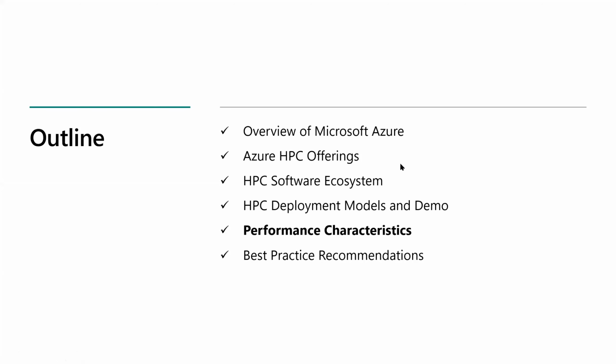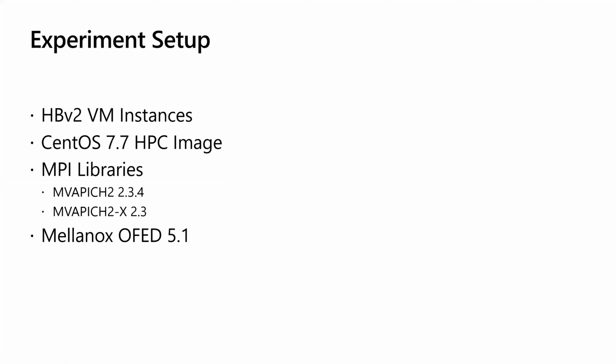So all right, now we've gone through a demo of how you deploy this in Azure and how you quickly set up and run your tests in MVAPICH2-X. The next one is the data we're going to show you now. This was the same type of setup using a CentOS 7.7 HPC image, using the MVAPICH2 and MVAPICH2-X libraries with the Mellanox OFED stack.